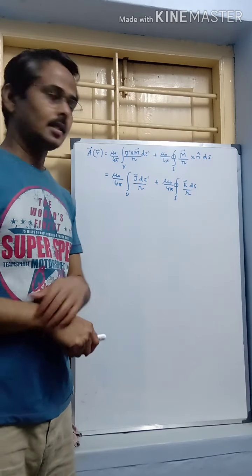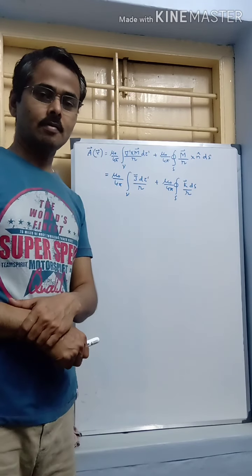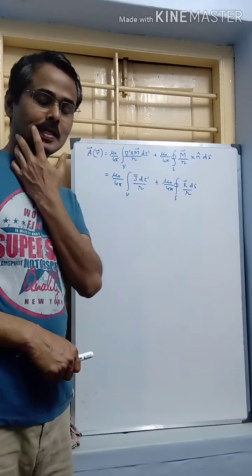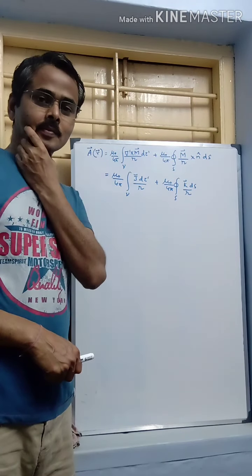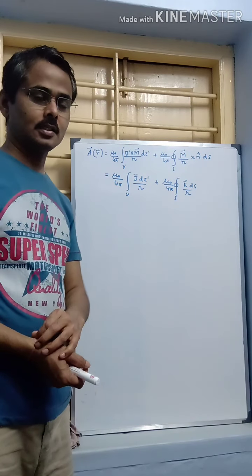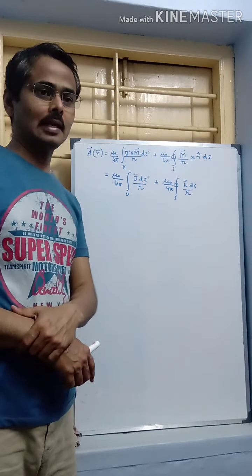We remember that the volume current density is defined as the amount of current passing through a normal area per unit area per second, and surface current density is the current per unit lateral length.